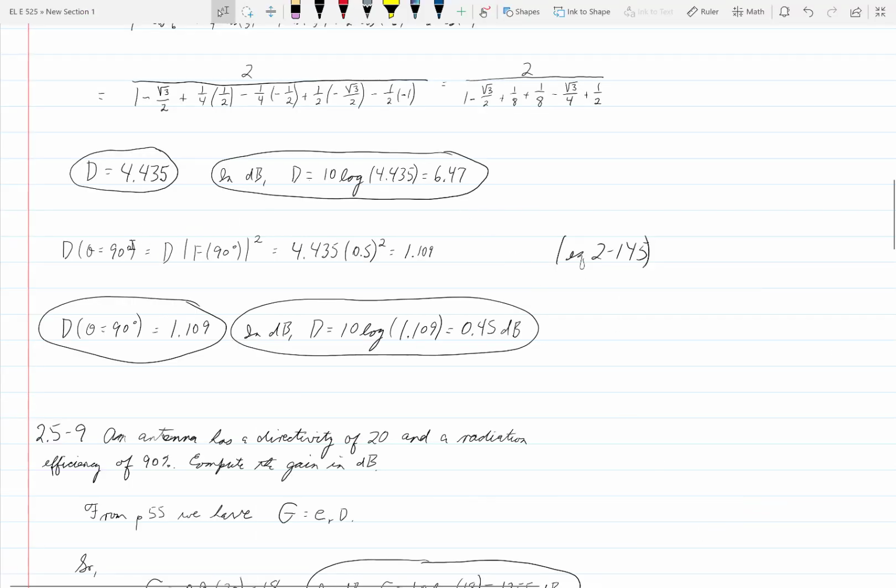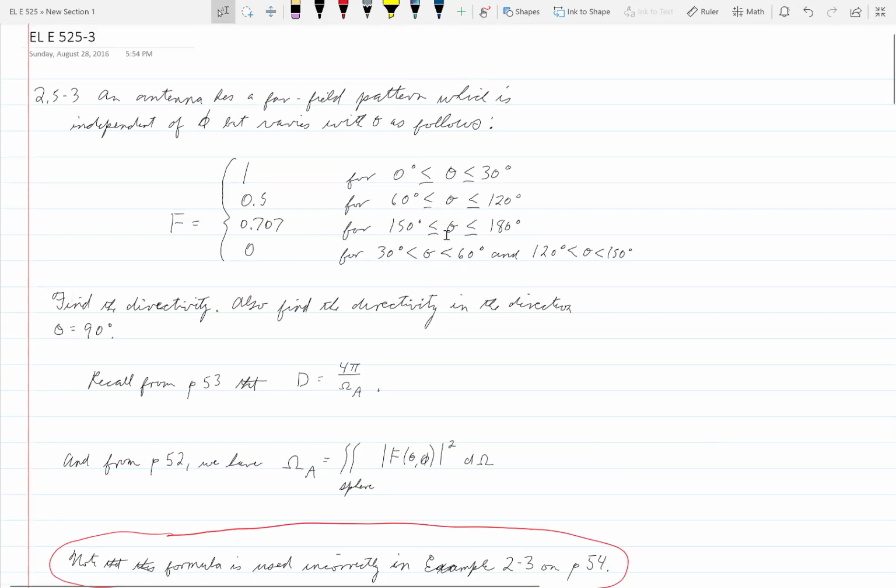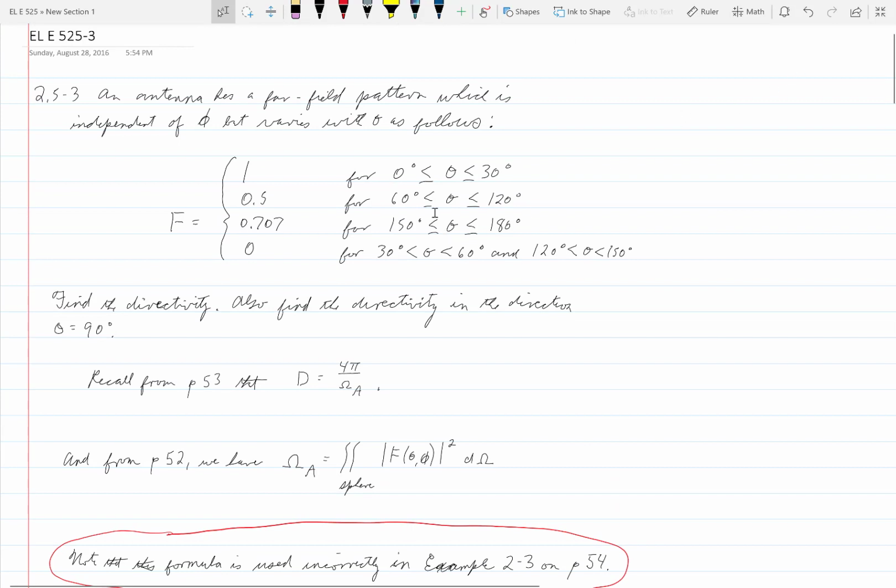And now for the directivity in the direction of theta equals 90 degrees. The formula to get that is D times the magnitude of f of 90 degrees squared. And that formula, by the way, is equation 2-145. And so we take the directivity 4.435, and we evaluate f of 90 degrees and square that. 90 degrees falls in this second category for theta between 60 and 120, and in that range f is equal to 0.5.